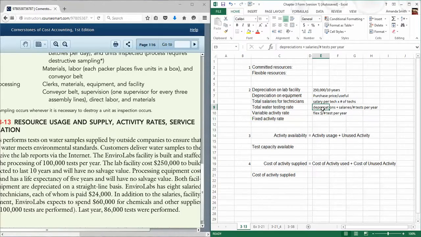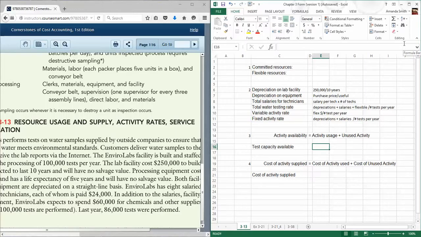When you calculate this one, you also have to take into account, before you divide, the flexible costs as well. And so this one is just going to be the depreciations and salaries divided by the tests per year. And that's how you do parts 1 and 2.